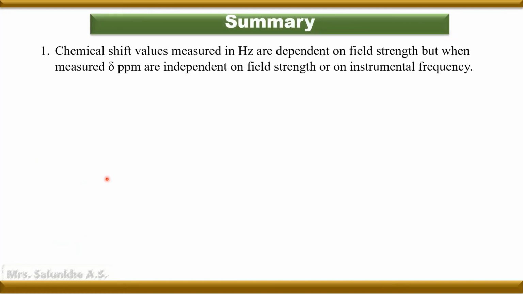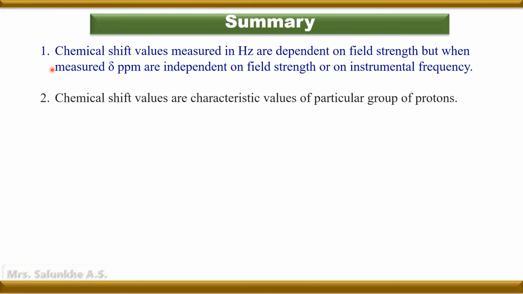Look at the summary. Chemical shift values, if measured in Hertz, are dependent on field strength. But when measured in delta ppm, they are independent of field strength or instrumental frequency. Chemical shift values are characteristic values of a particular group of protons.